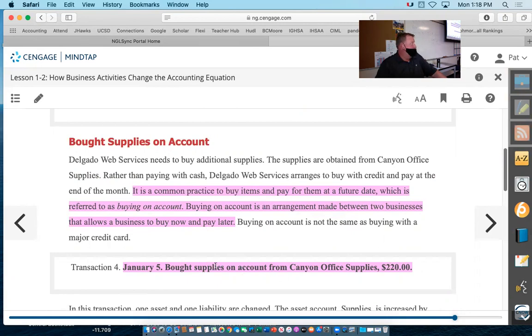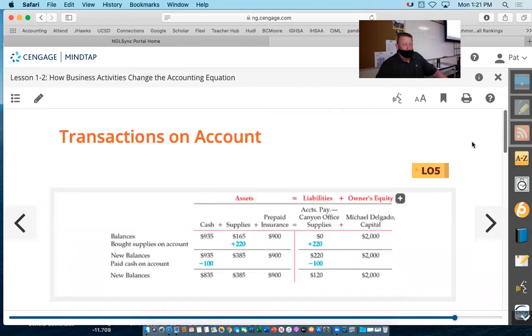Cash is not involved because we bought it on account. We didn't pay cash for supplies. We bought on account. So on account means we increase a bill. When we purchase something on account, that'll increase accounts payable, which is a liability. So before we called it owner's equity, the sweat equity of the Michael Delgado company, Capital, is the account that goes for that.